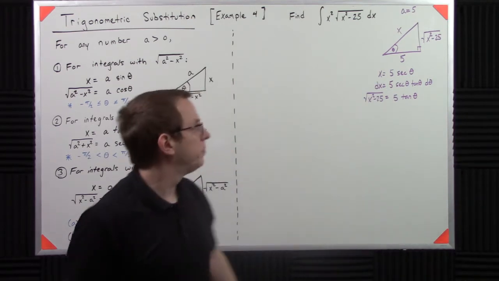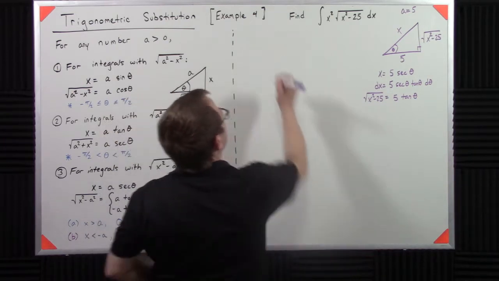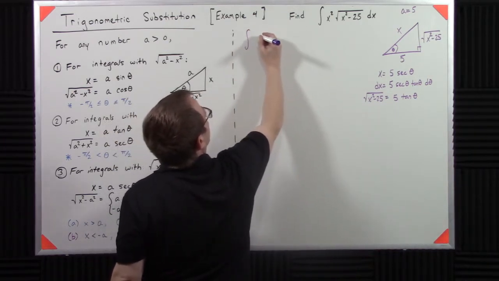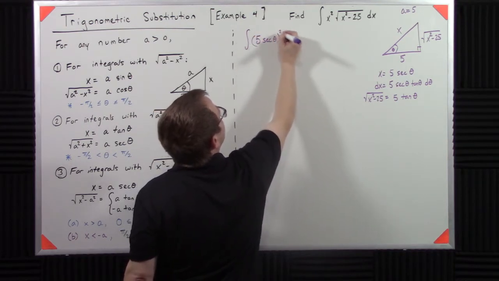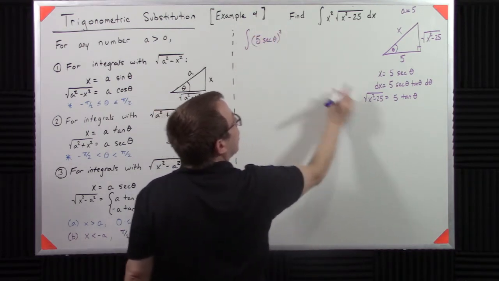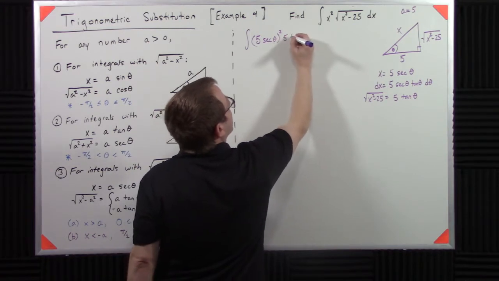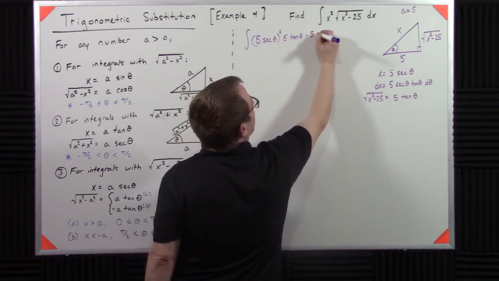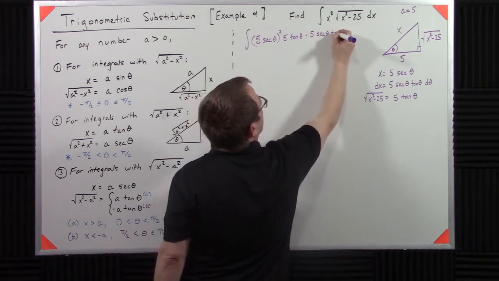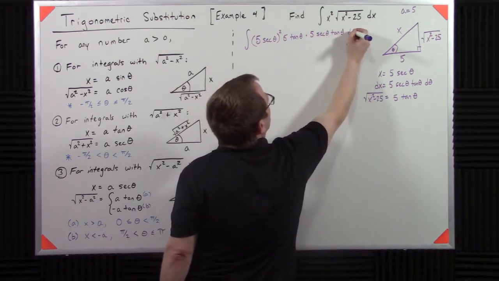Let's plug them in. That's the integral of 5 secant theta squared, 5 tangent theta, and 5 secant theta tangent theta d theta.